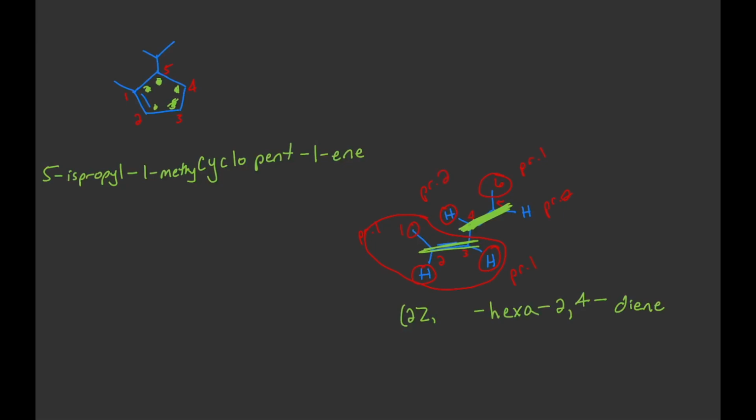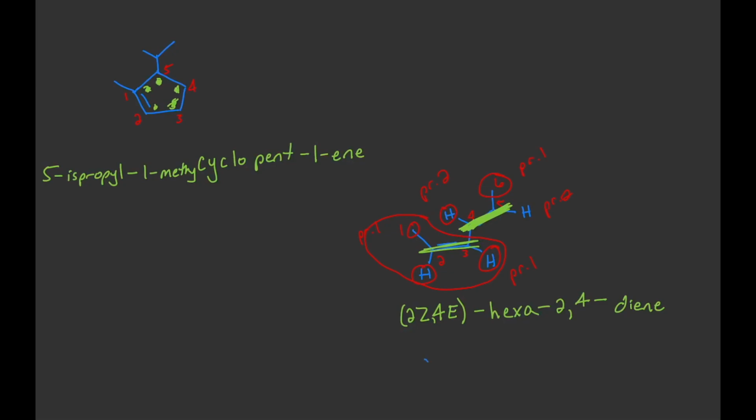So the notation for this alkene will be our E or trans alkene. So at carbon 4, we will call that E. And we'll close off our parentheses, and now we have our correct IUPAC for that compound.